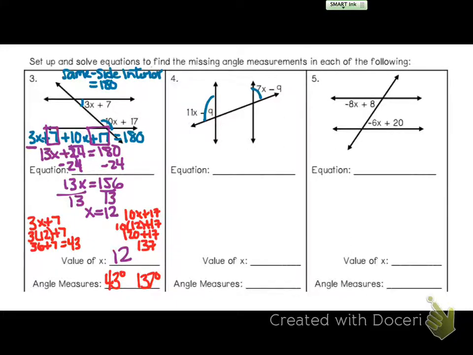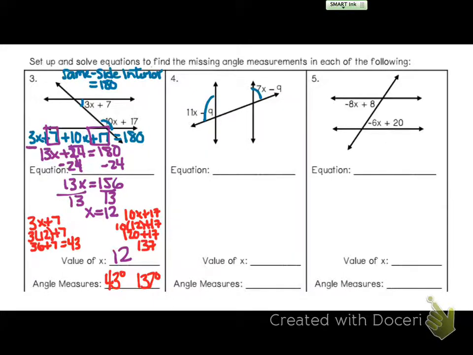Is that supplementary or congruent? Supplementary. Do you notice that the angles look different? Does the 7x minus 9 angle look smaller than 11x minus 9? Yeah, you can look at the picture and see that one is smaller than the other.